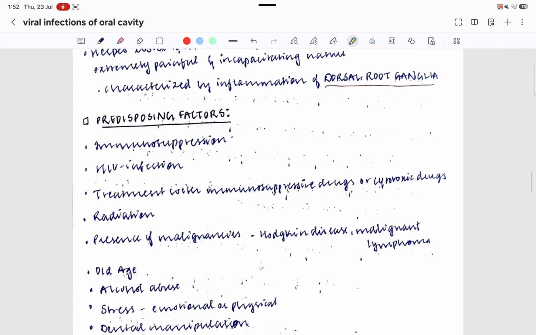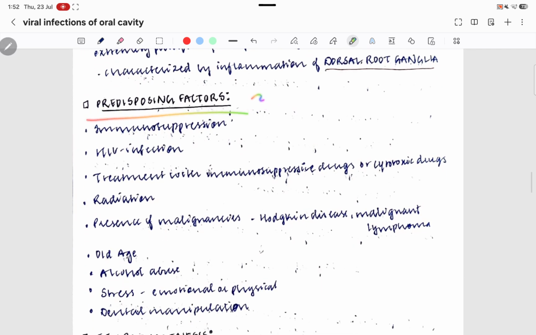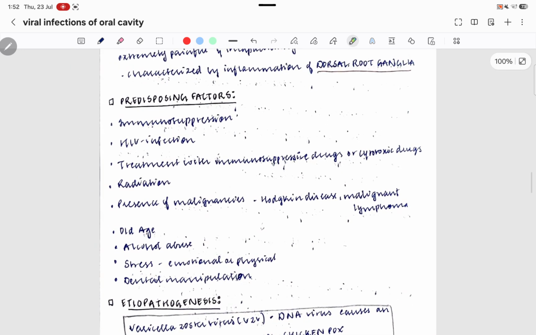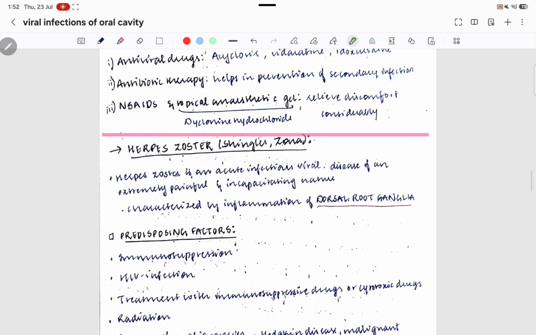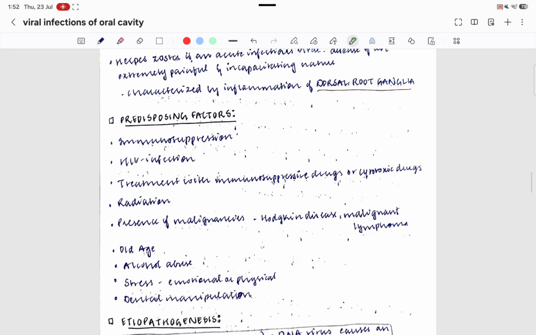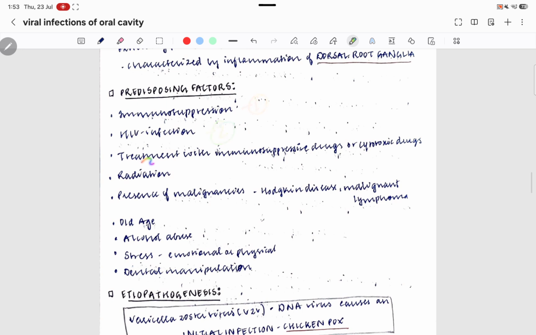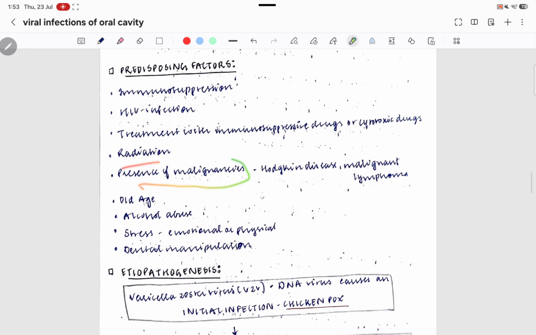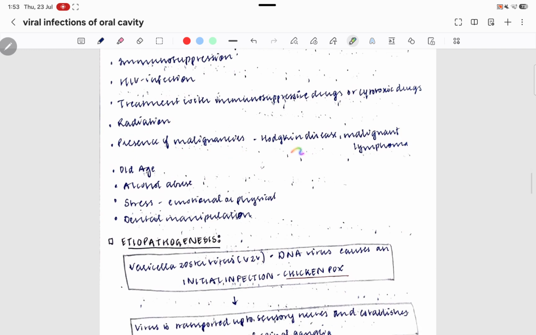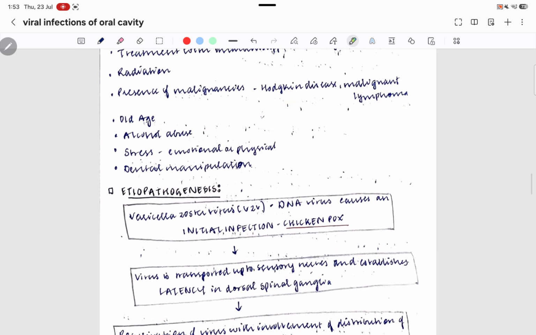Then coming to the predisposing factors, what could be the predisposing or risk factors? The cause is the virus. The risk factors could be immunosuppression, HIV infection, treatment with immunosuppressive drugs, radiation, presence of malignancies, Hodgkin's lymphoma, malignant lymphomas, old age, alcohol abuse, stress, and dental manipulation.